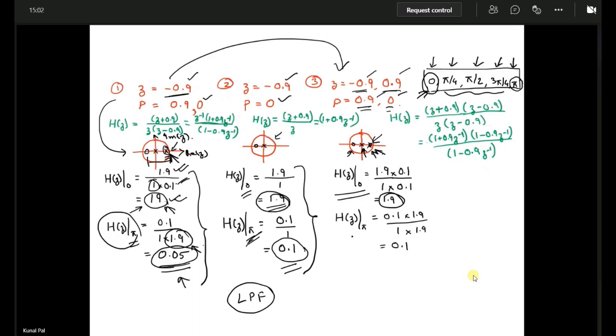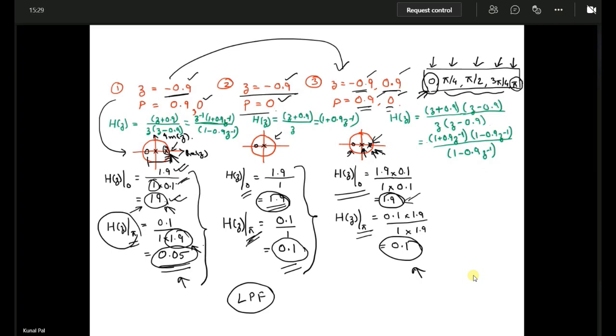Similarly, at pi also, we are getting the same amplitude response. Both in the low frequency and the high frequency, we are getting the same frequency response as compared to case number 2.